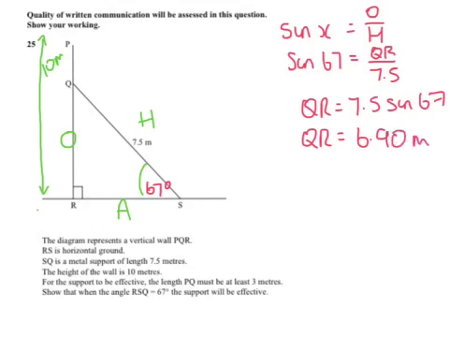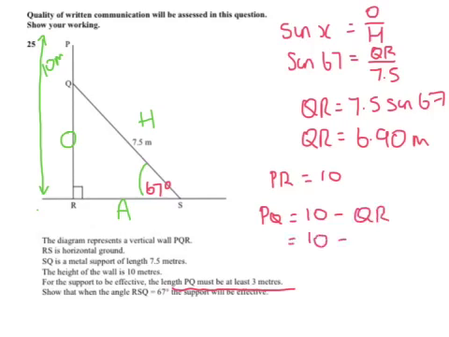But we're really asked to show that the support will be effective, and that means that PQ must be at least 3 meters. Well, PR is 10 meters, therefore PQ will be 10 meters minus the distance of QR.